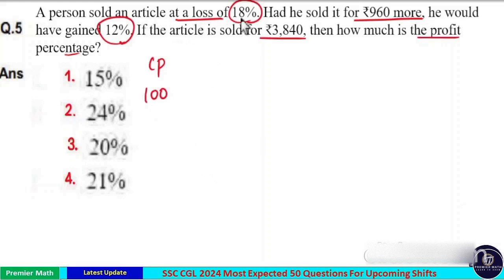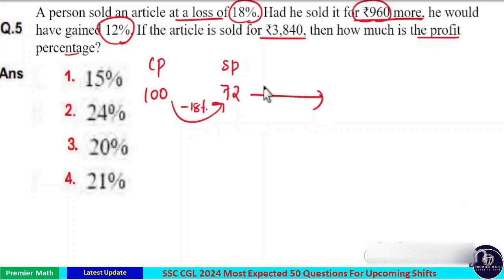Then he sold this article at a loss of 18%. 18% loss means 100 minus 18, 72 is the sell price. Now had he sold it for 960 rupees more than the sell price, then he would have gained 12%.